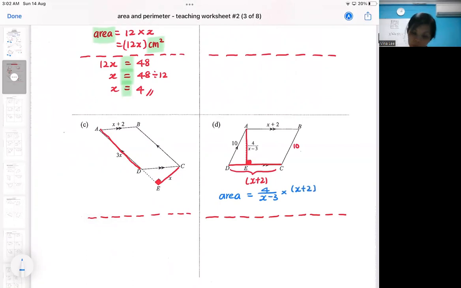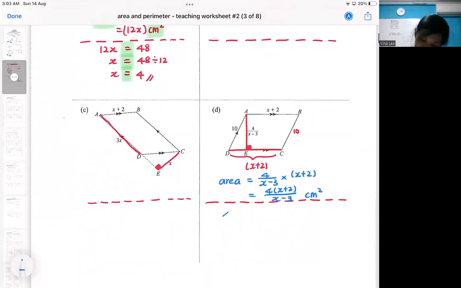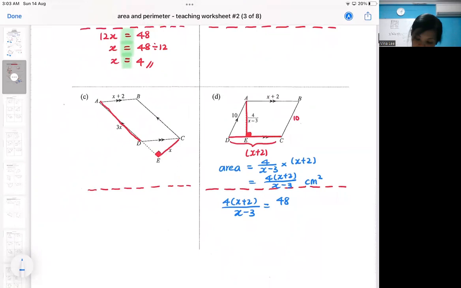Where will this bracket go to? It will go to the numerator. And this fraction is going to be the 48 that is given.